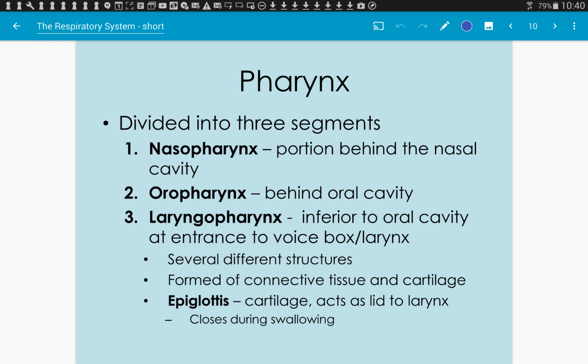But within the laryngeal pharynx, we have a really cool structure called the epiglottis. Okay? And the epiglottis is made out of cartilage. What's the most common cartilage we have in our body? Hyaline. Good to remember. And what the epiglottis does, it is basically like a lid to the larynx.